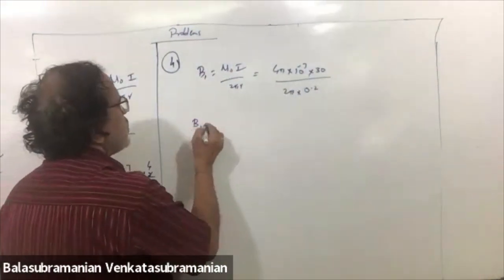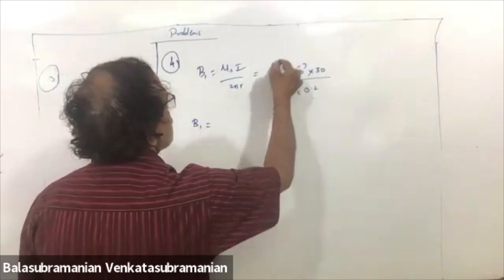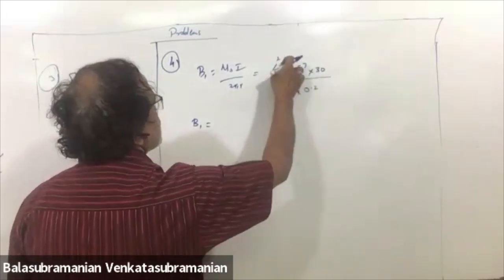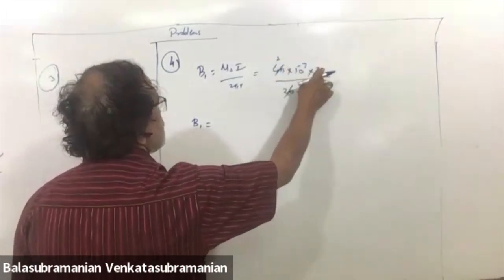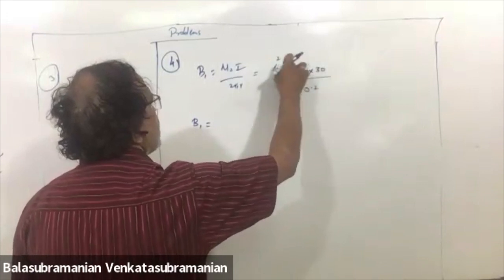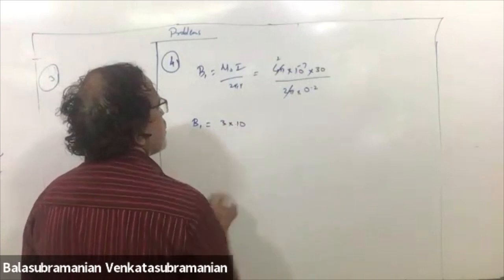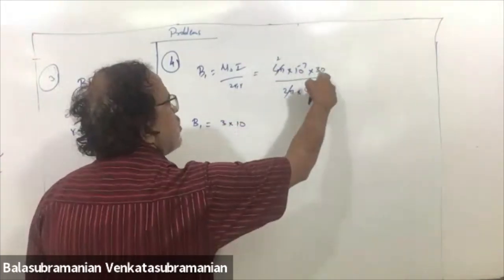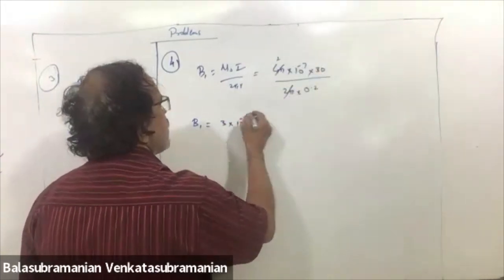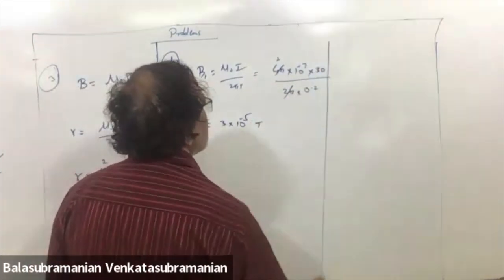So B1 is equal to 2 times 2 and 0.2 is 10, 60, 300, 10, 300. So 3 into 10 power 2, 10 power minus 7. So 3 into 10 power minus 5.